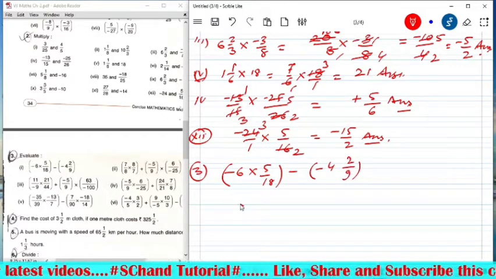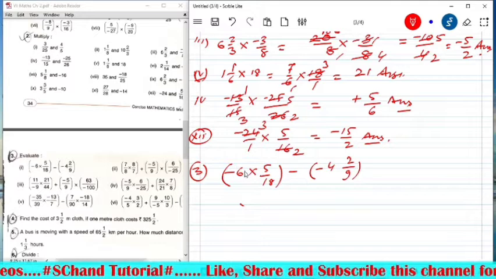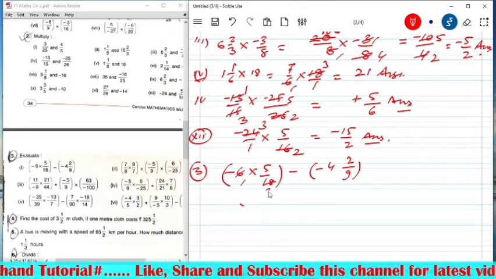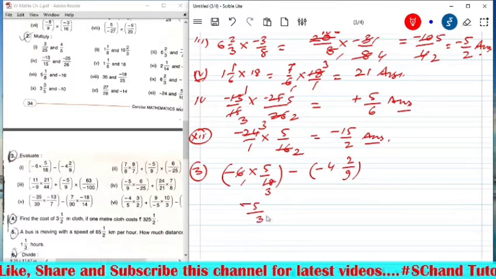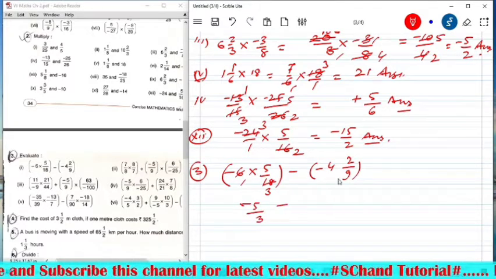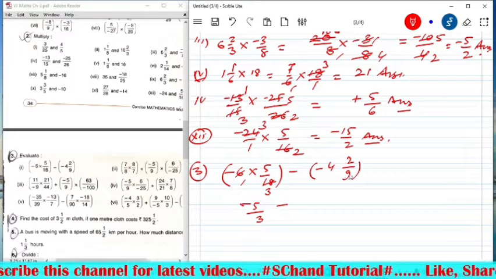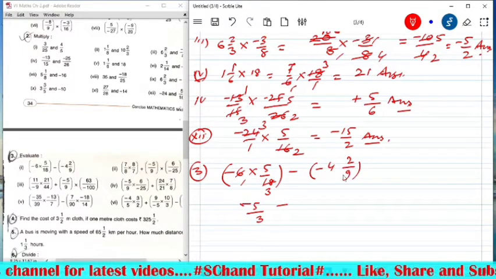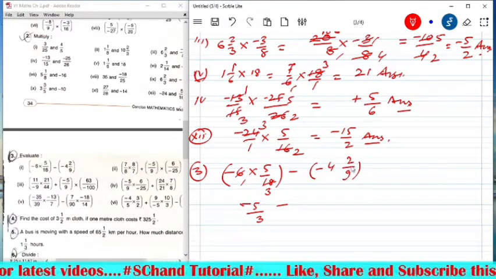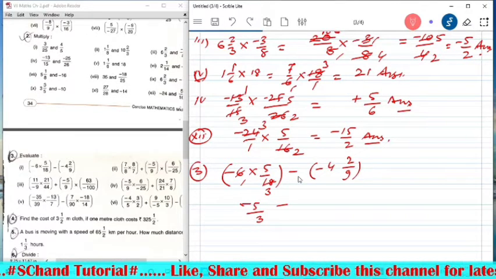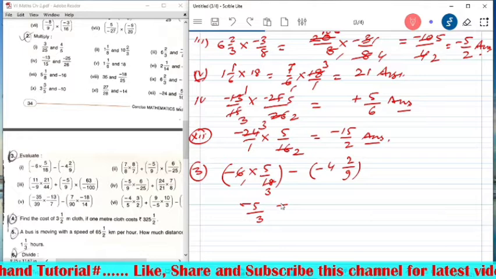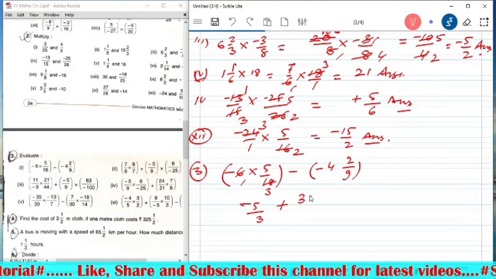So this is minus 6, so this will be 1, this will be 3 here, so it is minus 5 over 3. Minus, so it is 4 9s are 36 and 36 plus 2, 38, so it is minus into minus plus, so it is 38 over 9.